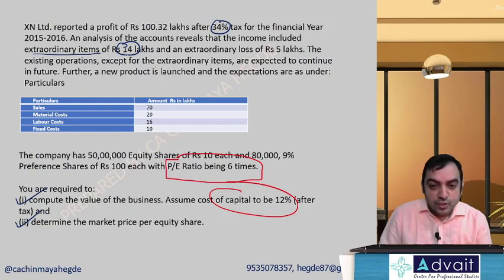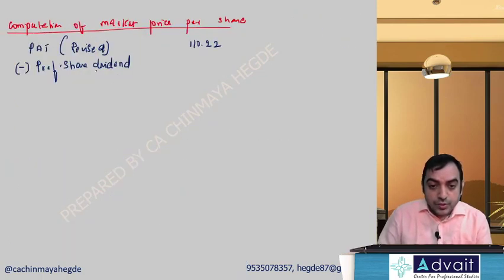Oh, we don't have any preference share dividend given. Oh, we have preference shares: 80,000 preference shares of 100 each, 9%. How much that comes to? 80,000, 100 each, 9%: 7,20,000, 7.2 lakhs.